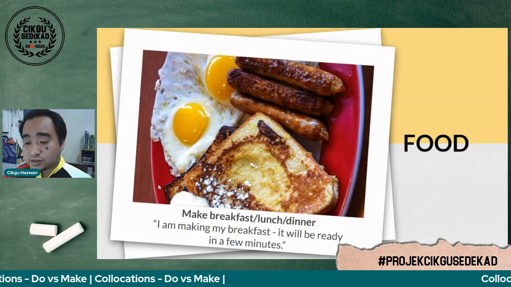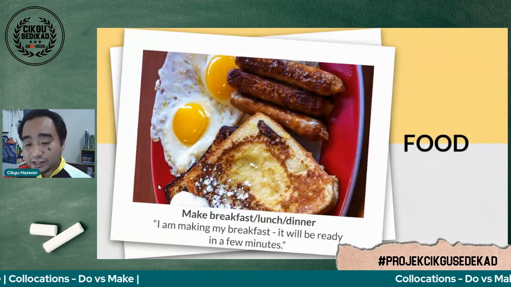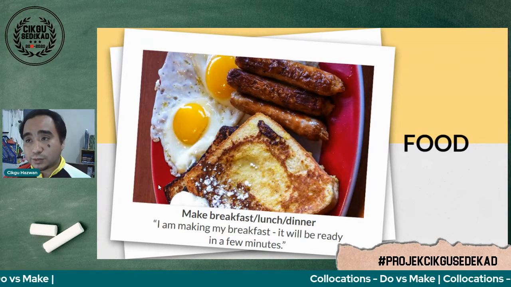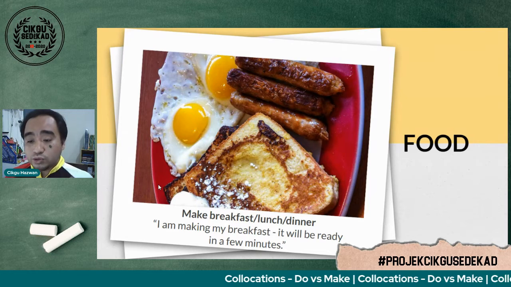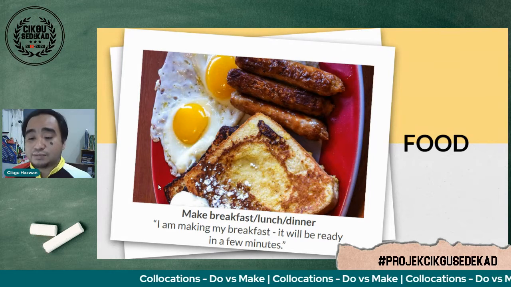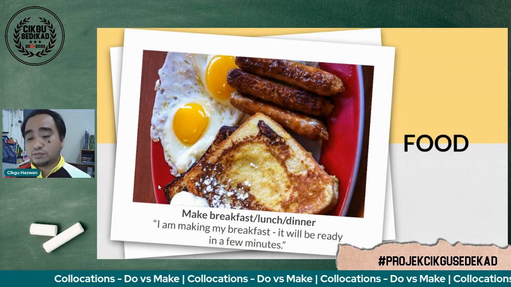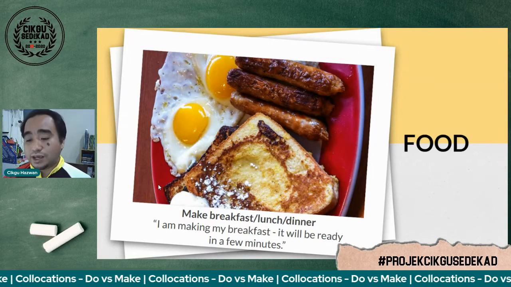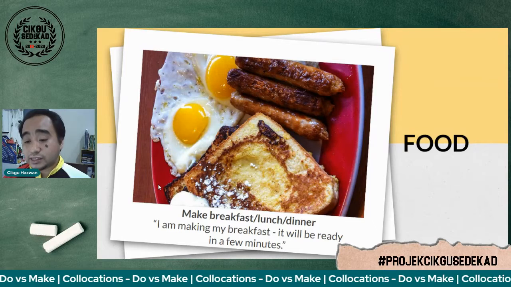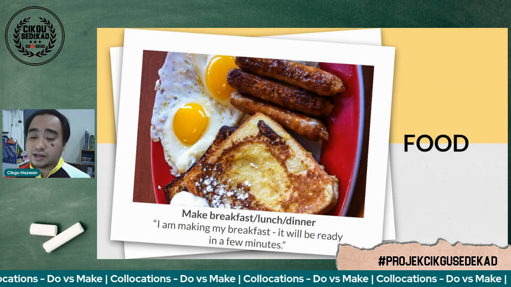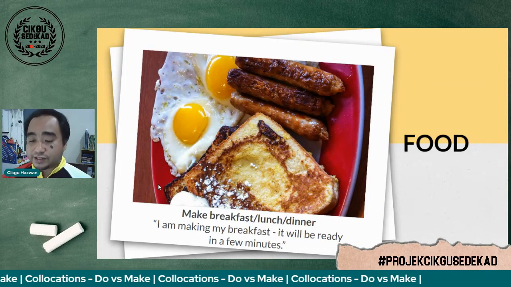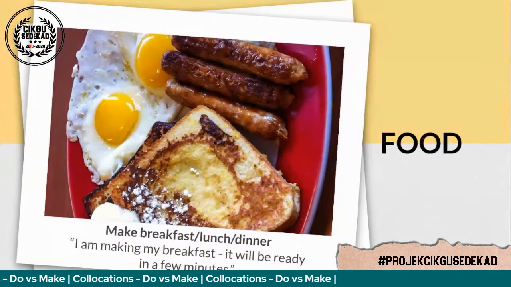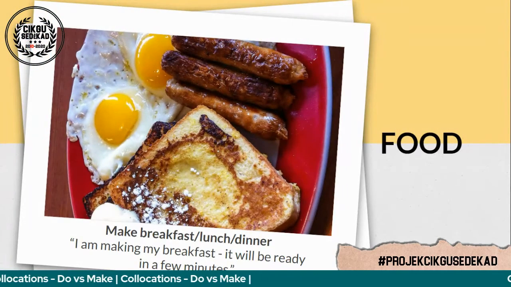Okay, for example, we use make when we want to show that we are making something with food. For example, make breakfast or make lunch or make dinner. Okay, example in a sentence you can see here. I'm making my breakfast. It will be ready in a few minutes.